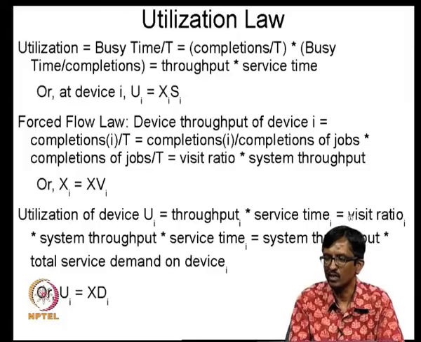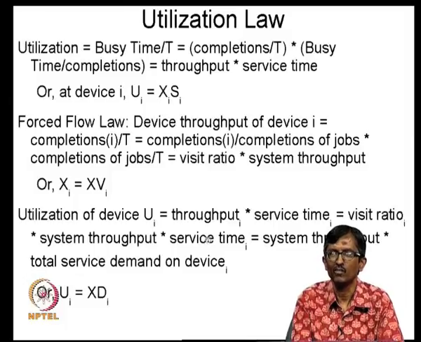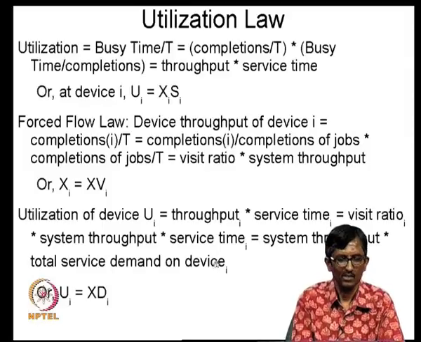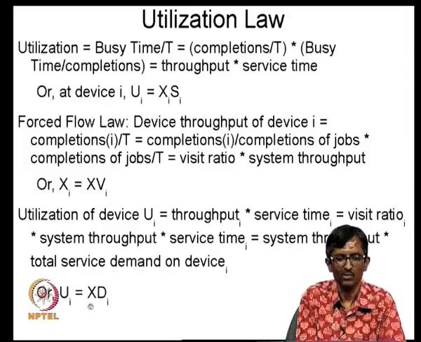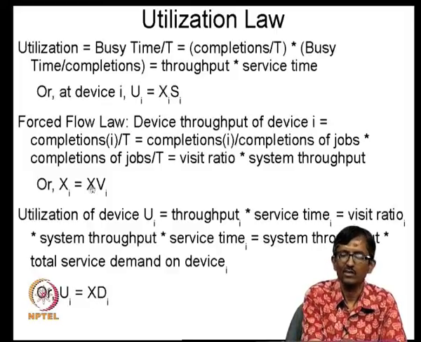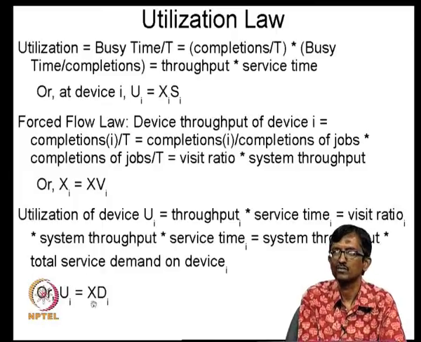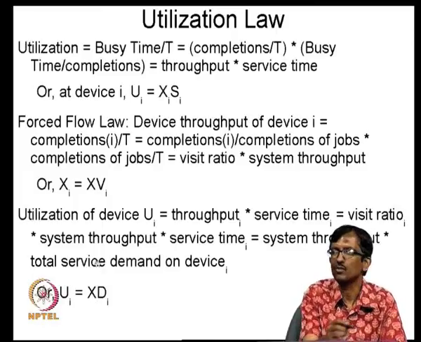I visit a device a visit-ratio number of times, and every time I ask for some amount of time at the device. So, visit ratio into service time is basically the total service demand on the device. So, the utilization is decided by the total demand on the device multiplied by the throughput of the system itself, X.